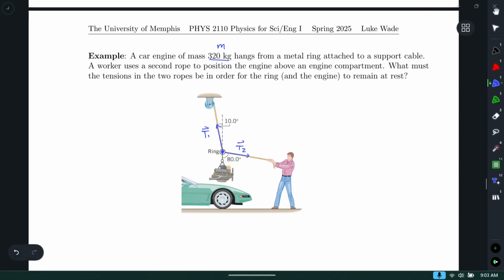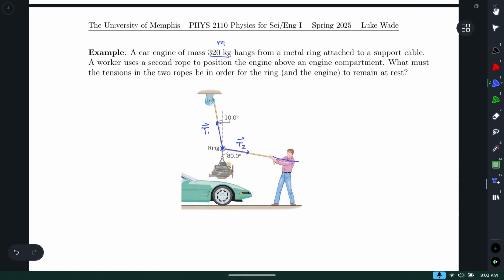And we can see that T2, if the rope on the right is massless, is equal in size to however hard he's pulling. So another way to phrase this question is, how hard do you have to pull to guide this engine into place? That's the force that gets transferred over to the ring.